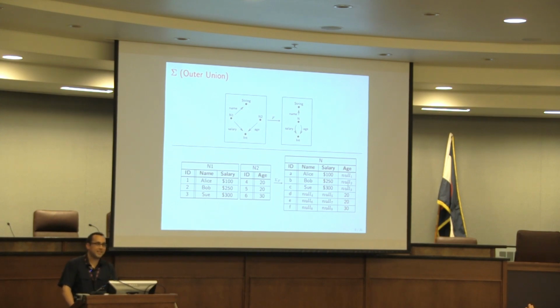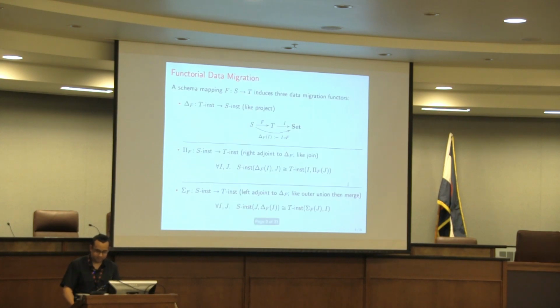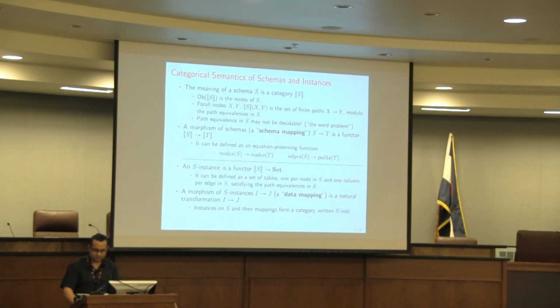Other questions? Yes. To confirm, Sinst means the category of every single possible combination of data that might be in a schema called S. Right, S-inst. Pick a schema S and consider all the instances on it. That's a set of them, but they can be arranged into a category when you consider the morphisms between them, and that's exactly what S-inst means.